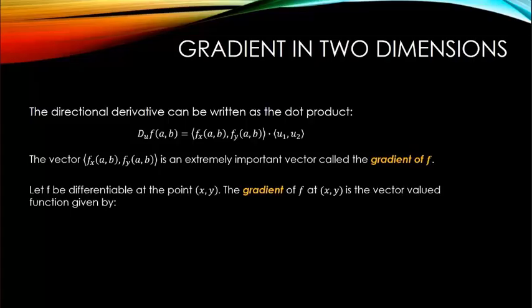So if we let f be differentiable at the point (x, y), the gradient of f at the point (x, y) is the vector valued function given by the gradient of f(x, y) equal to the vector with components fx at (x, y), fy at (x, y), or in vector component form, fx(x, y) in the i hat direction plus fy(x, y) in the j hat direction. You'll notice the notation here of an upside down triangle. This is the gradient notation.